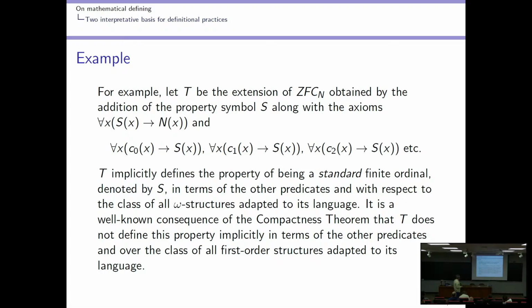So we have this ZFCN, and then we add the property symbol S, which says that S is included in N, so S is a subset of N. And moreover, S contains 0, 1, 2, etc.